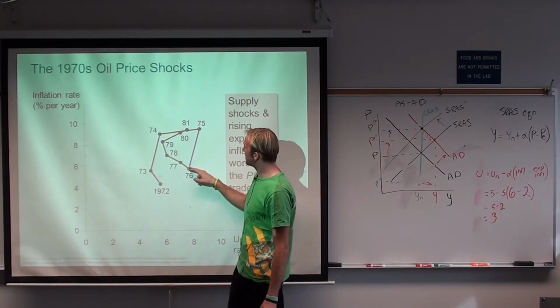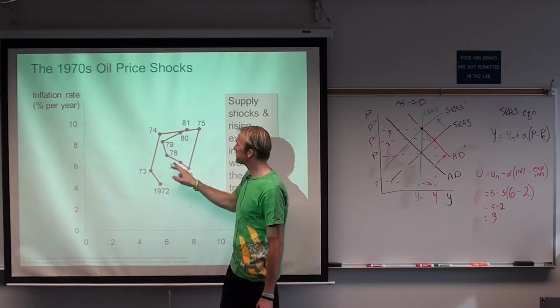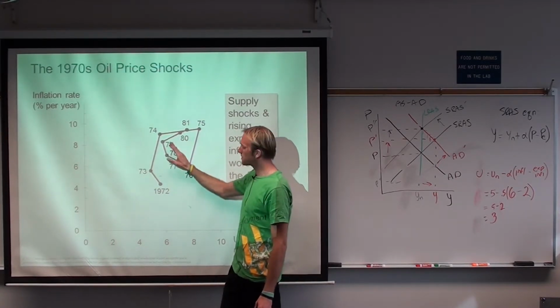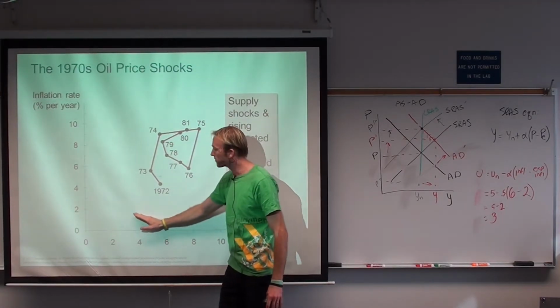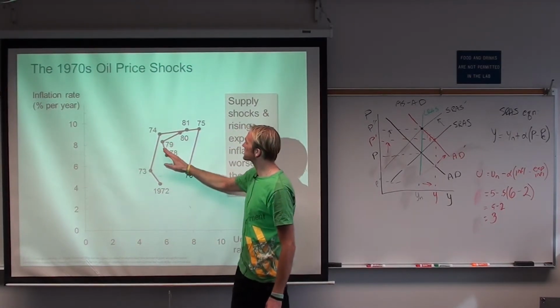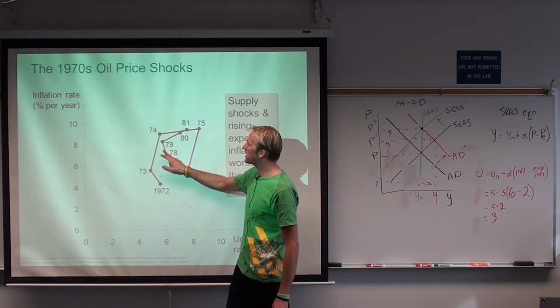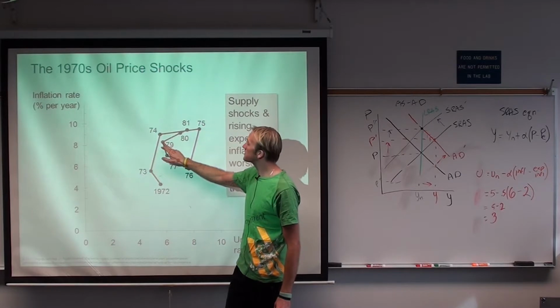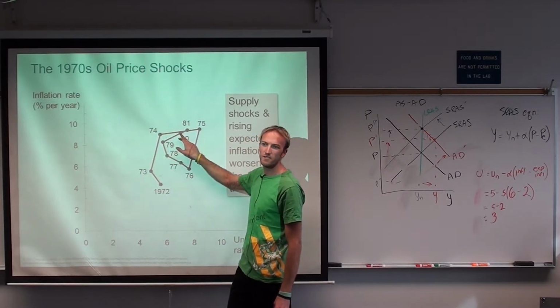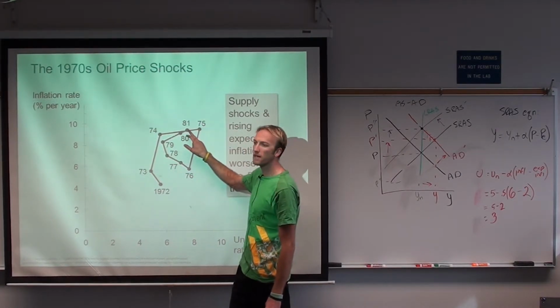And then it starts maybe coming back. But remember, originally we were way down here at the beginning, for the first Phillips curve. Now we're maybe forming this new Phillips curve here, but then boom, 1979 hits again. Oil shock. So it shifts the PC curve out. So now we're back out here.